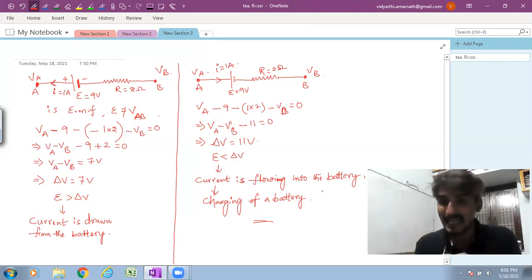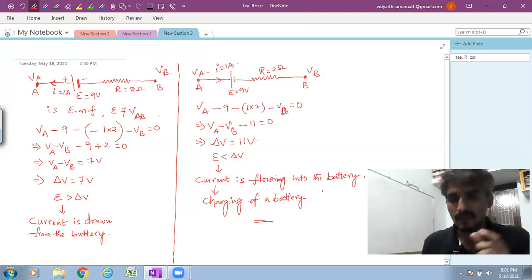It will give you less than 1.5. Suppose it gives 1.4 only. It means that it is not a perfect battery. There is some internal resistance in the battery.